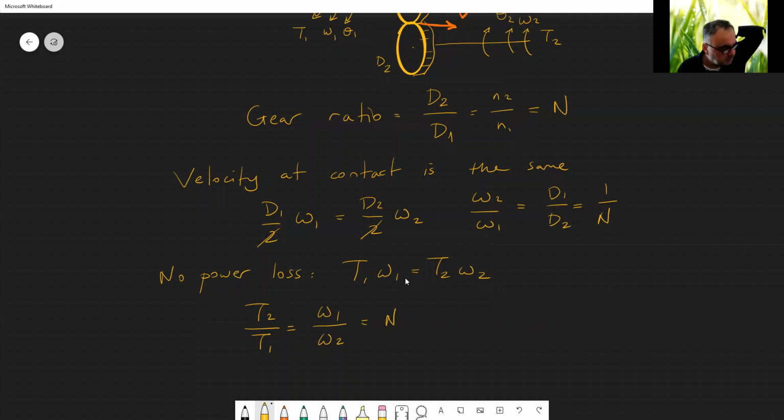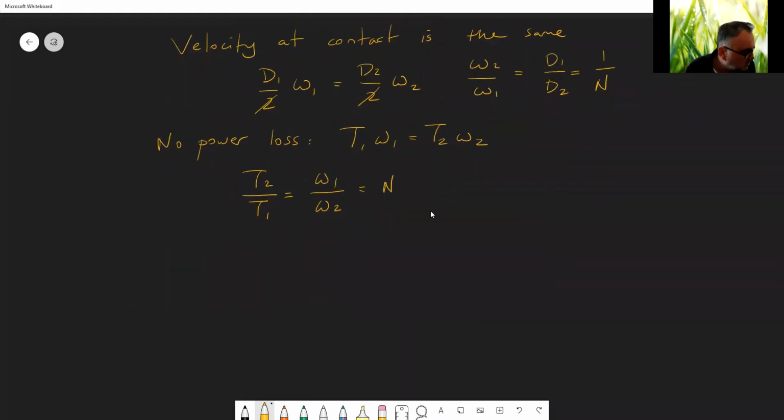As you see, the torques are related to the gear ratio. For example, if you have a larger gear, the speed decreases. If d2 is larger, the speed decreases, but the torque transmitted increases. That is the idea used in gearboxes.